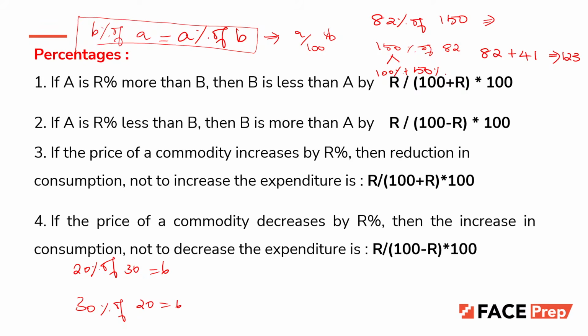If the price of a commodity increases by R percentage, how can I solve this particular question? Here the reduction in consumption is so as not to increase the expenditure. For this you may get a few questions. Let's take a simple example for the first part.